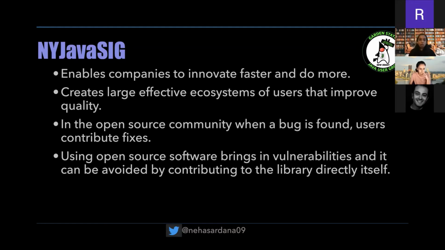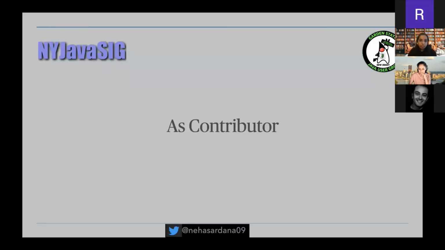If you are working with an open source software and you find a bug, you can contribute and fix the bug in the library directly. The contributing cycle is shortened, and as you work on your contributions, your software is getting better and better. So that's one thing.